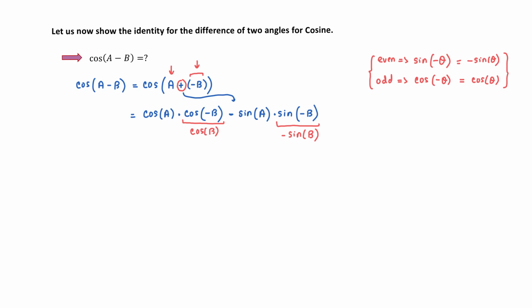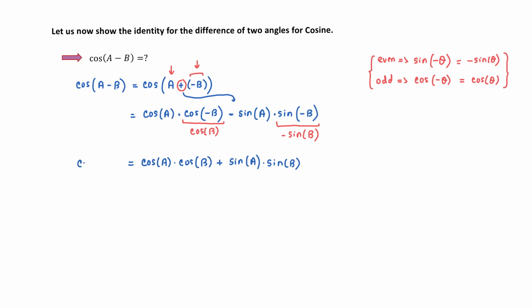So what we're going to have now is the following. We're going to have cosine of A times cosine of B. And now a negative times a negative will give you a positive. And this will be sine A times the sine of B.